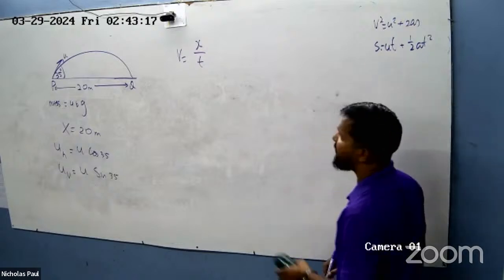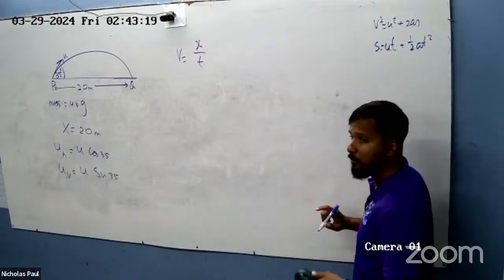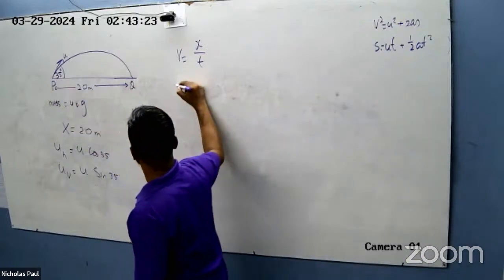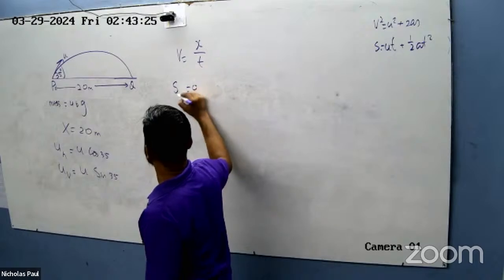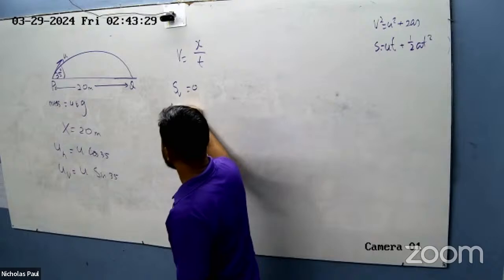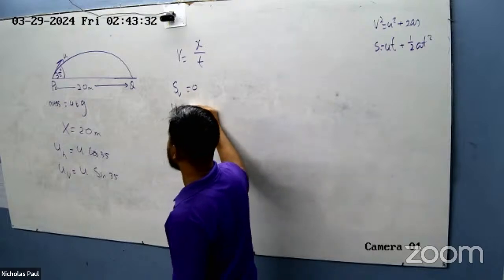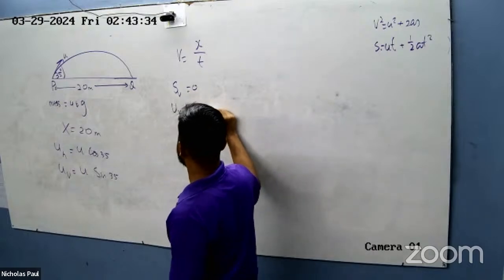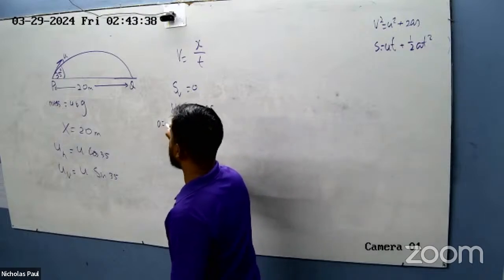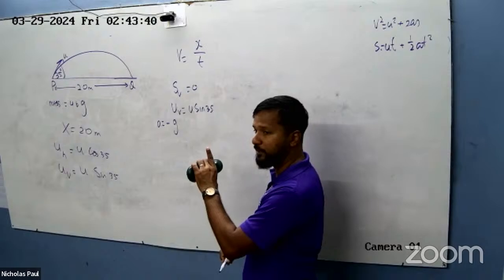Yeah, we will have to find time using this. Because remember, from here to here, the vertical displacement is 0. The initial vertical component is u sine 35. And we know that the acceleration is minus g because it's going up first.